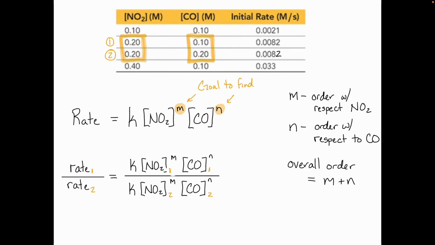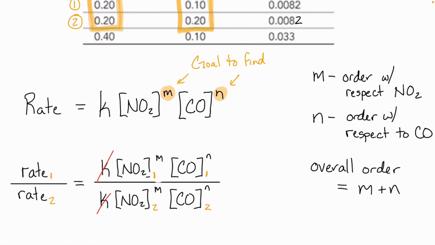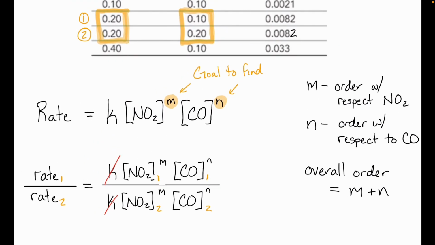Okay, now remember our strategy for taking the ratio was I've got to get rid of this constant that I don't know in this equation. So by taking the ratio of two data points, I get to cancel out that rate constant k, which is great because I don't know k. But by strategically picking these two data points, where the concentration of the nitrogen dioxide also does not change, I can go ahead and fill in those values here.